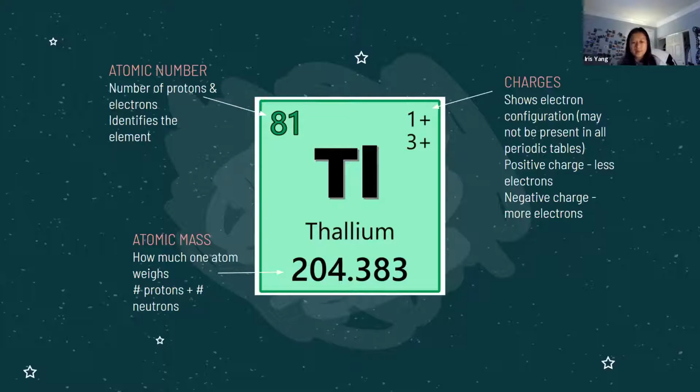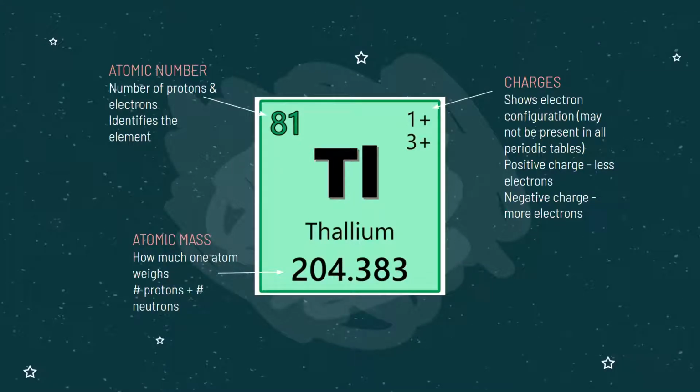And then at the bottom, we have atomic mass, which is how much one atom of it weighs. It's measured in atomic mass units, so it is much lighter than anything you probably know. Like if you know a gram, it's thousands of times smaller than that.